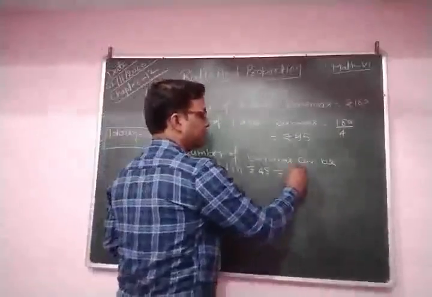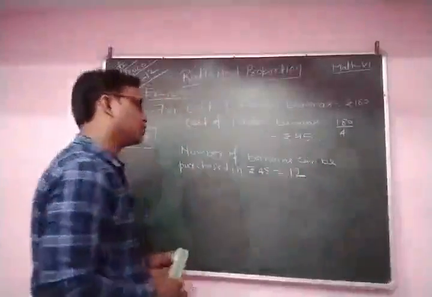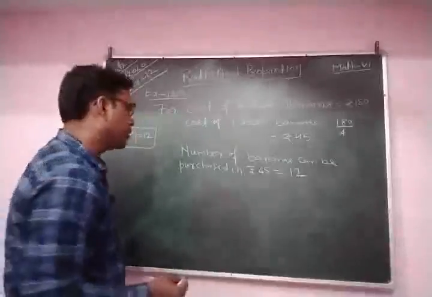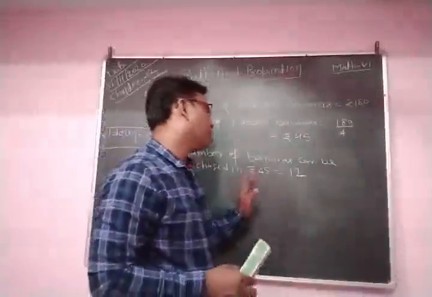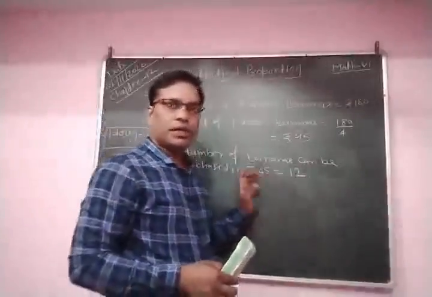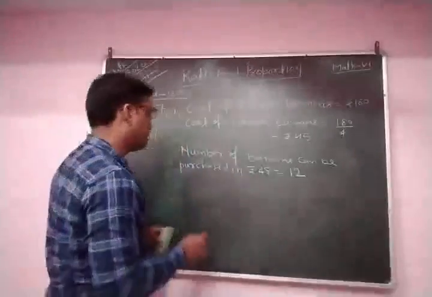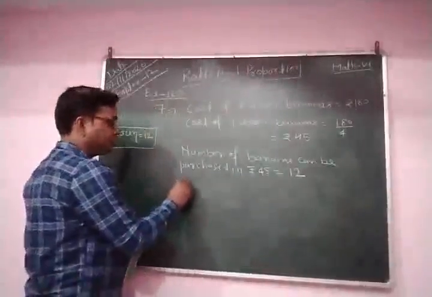This is very clear, 12 banana. Okay? So you need to find for 90 rupees. So you write here the number of banana that can be purchased in 1 rupee. So 12 by 45.